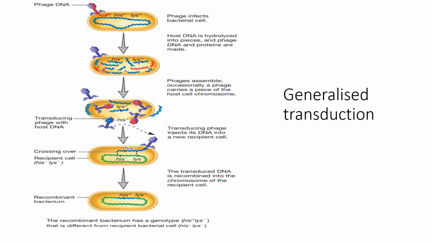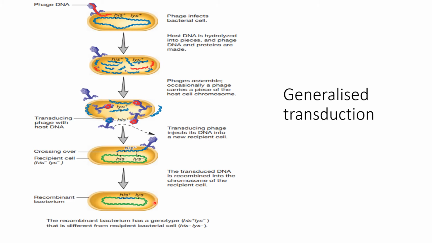Because any of this fragment, provided it has the proper size, can enter inside the phage head. It need not have to be only his gene. Just for explanation, they have shown his gene, but any such fragment can enter inside the phage head. Since any of the fragment can enter inside, we call it as generalized transduction.